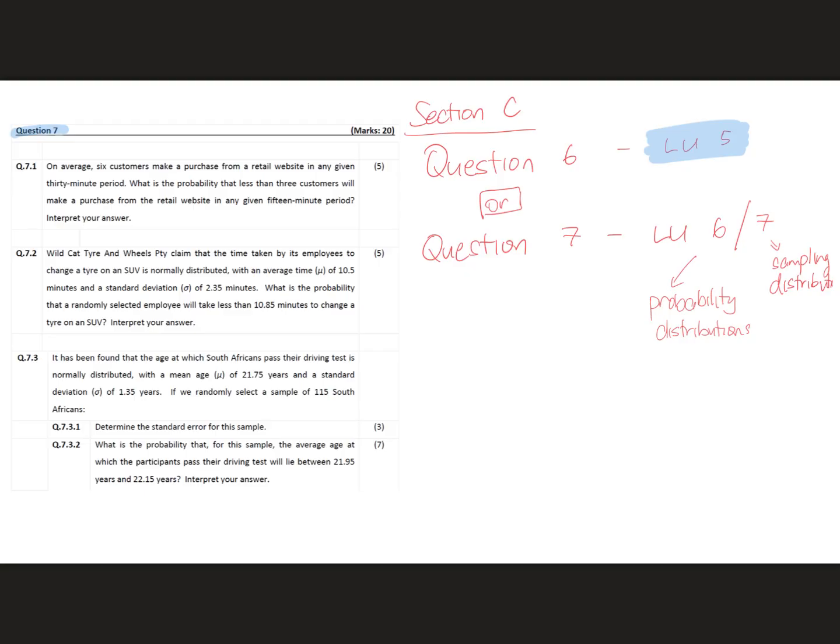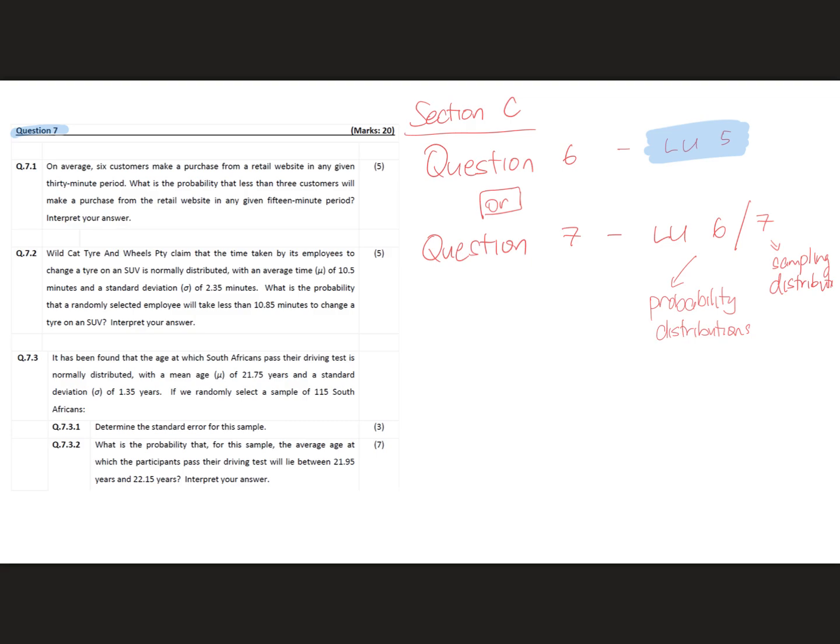So it is separated into 2 separate learning units. However, the content for learning unit 7 does start at the end of learning unit 6. So it's just a continuation, and this is why they've combined the 2 in this specific question. And again, you then have the choice between the question 6 covering learning unit 5 and then question 7, which is learning unit 6 and 7.